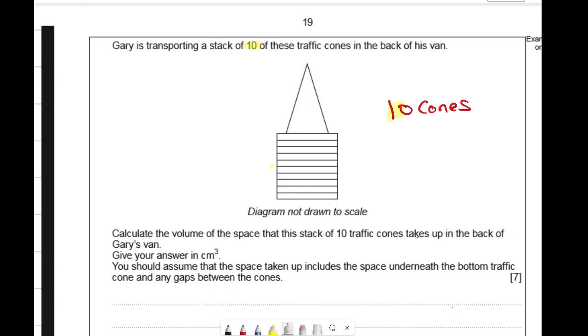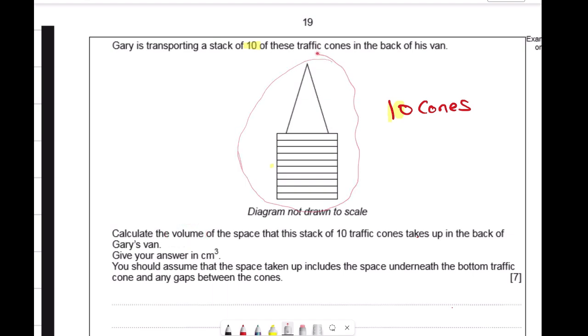Calculate the volume of the space that this stack of 10 traffic cones takes up. So they're asking for the volume of all these things here. Give your answer in centimeters cubed, which is expected because this is a volume. While we are looking for the volume, how do we calculate the volume of everything?